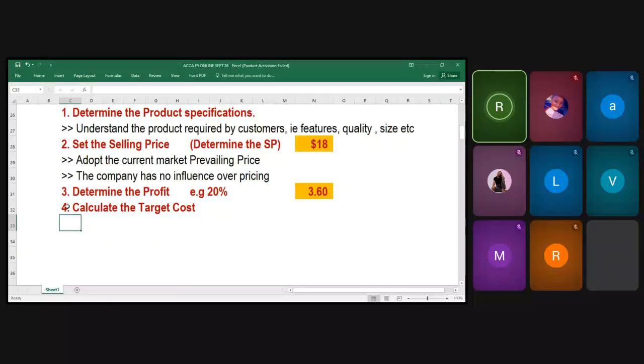A target cost is what we are targeting. This is a maximum price at which a commodity should be manufactured or produced.